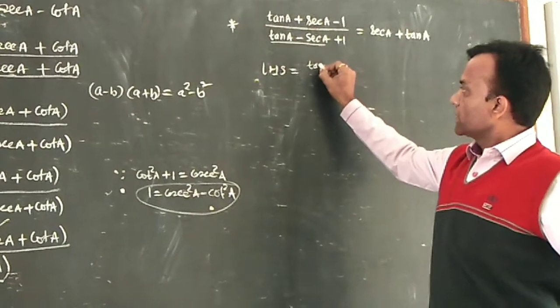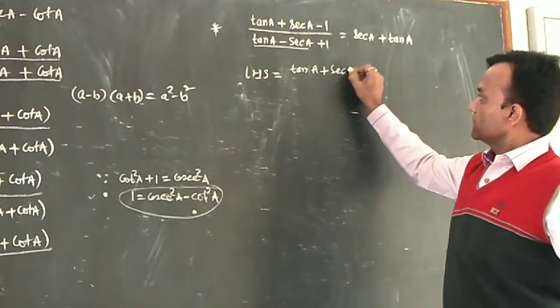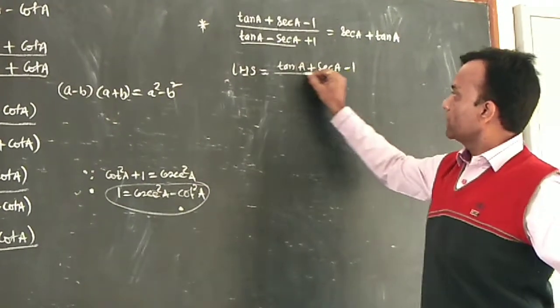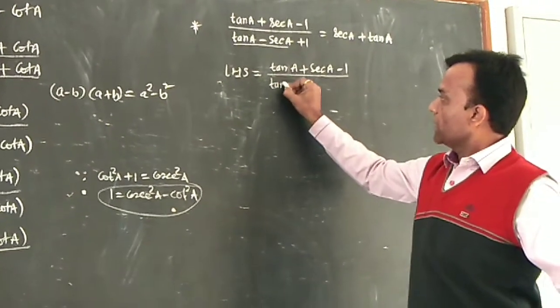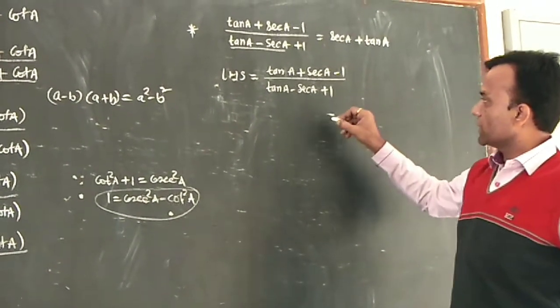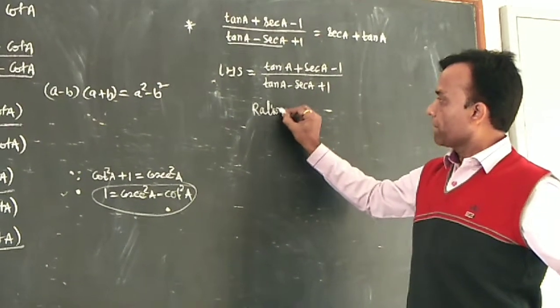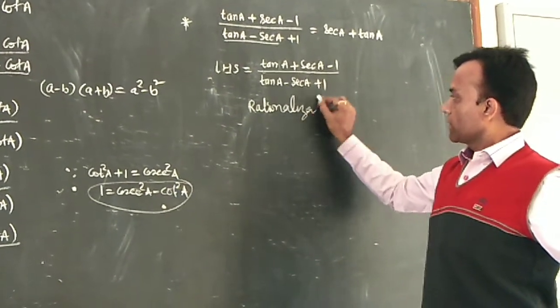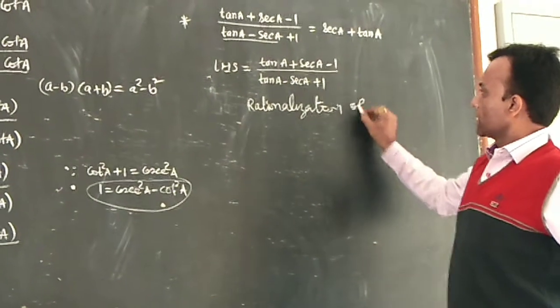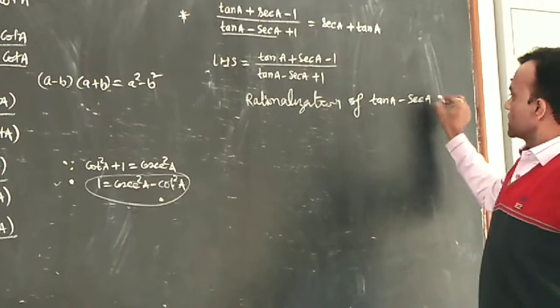Similarly, tan a plus sec a minus 1 upon tan a minus sec a plus 1. Okay, so you are rationalizing. Which part are you rationalizing here? Tan a minus sec a.